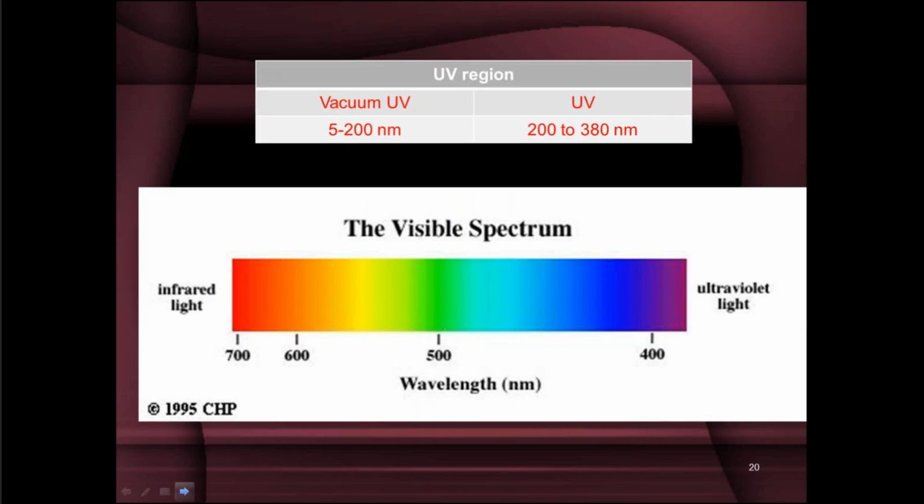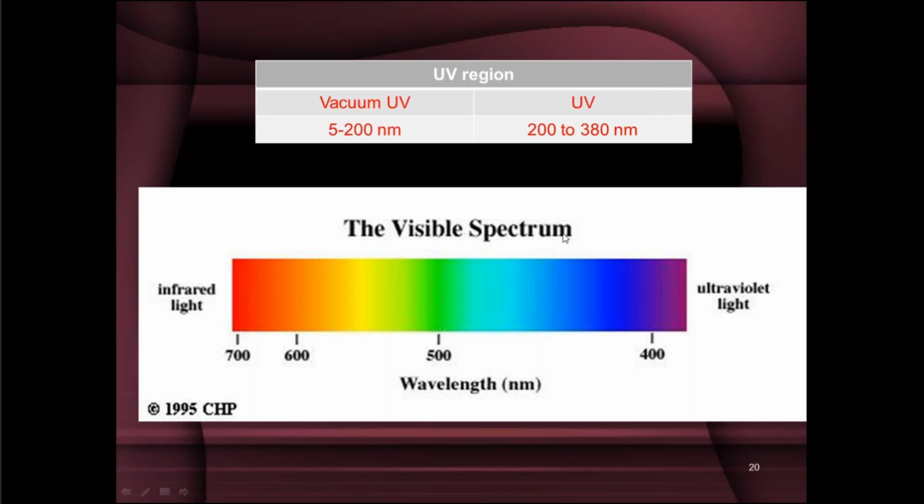Since the first chapter deals with UV visible, we have seen the UV region being further divided into two classes, that is vacuum UV and the UV. The vacuum UV is also called the far UV because it is further away from the visible region, and the UV region, which is the near UV, is close to the visible region.